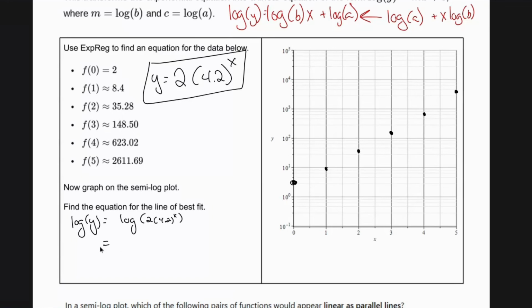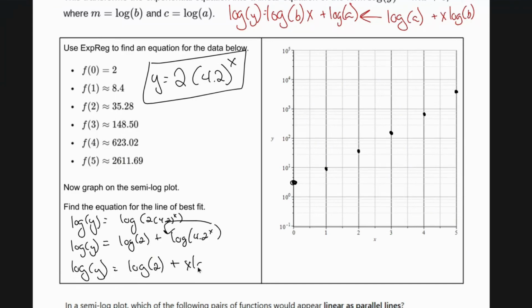Split these up, so that's going to be log y equals log of 2 plus log of 4.2 to the x. Bring the x out front. So that's log of y equals log 2 plus x log 4.2.